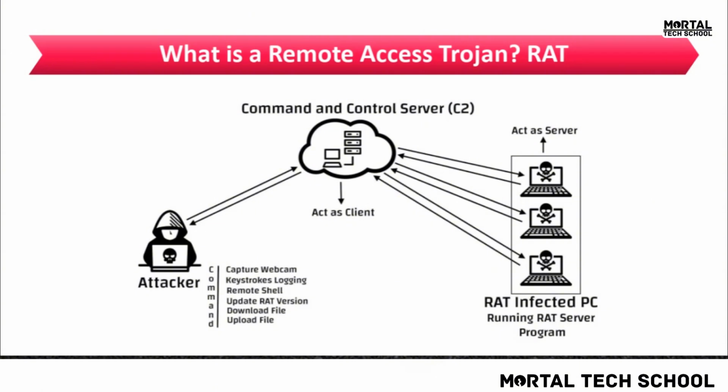The first Trojan is the remote access Trojan, which is a very common Trojan these days, and you might have heard this term often. What is a remote access Trojan? A remote access Trojan works like a remote desktop access. The hacker gains complete GUI access to the remote system.